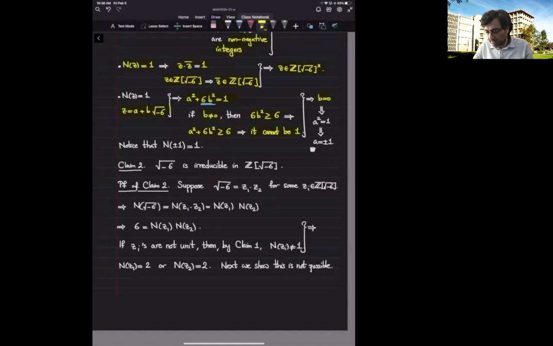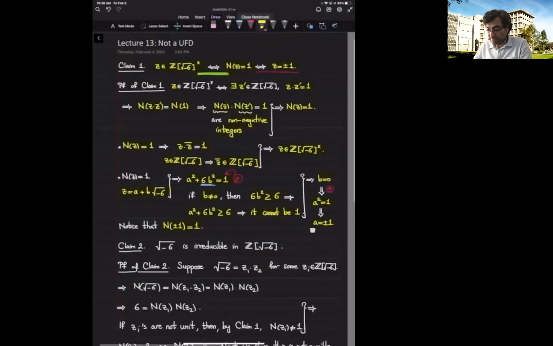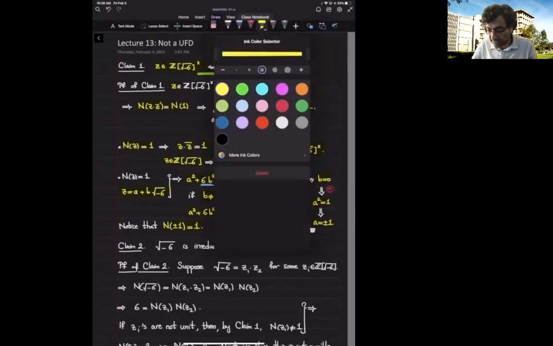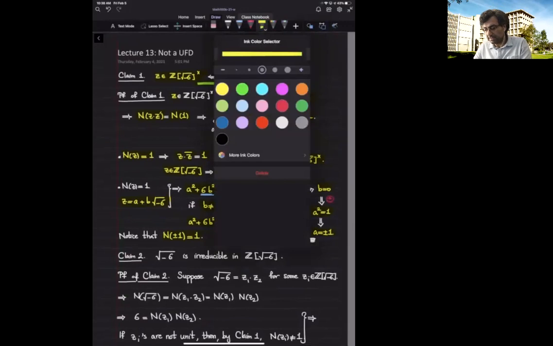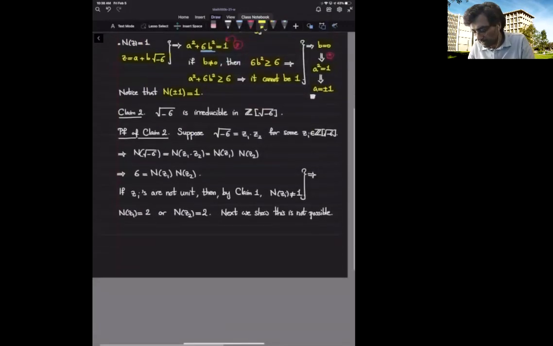I go back to this equation, and I deduce that a squared is 1, which means a is plus minus 1. But notice that when a is plus minus 1, its norm is 1. So the implication over here follows. So norm of an element inside this ring is 1, precisely when it is either plus 1 or -1. Okay, so far we understood the units.